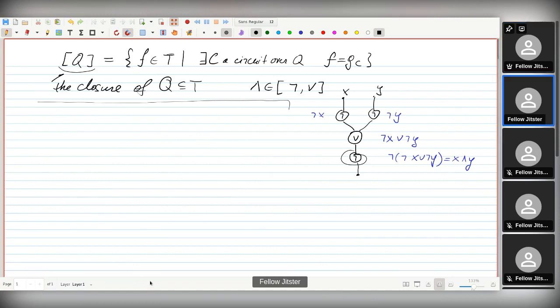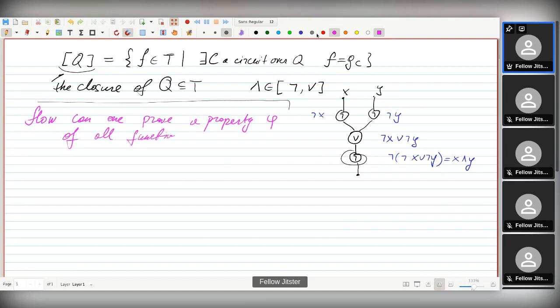And now we are interested in the following idea. How can one prove something about all functions you can obtain from Q? How can one prove some property phi of all functions from this closure set?